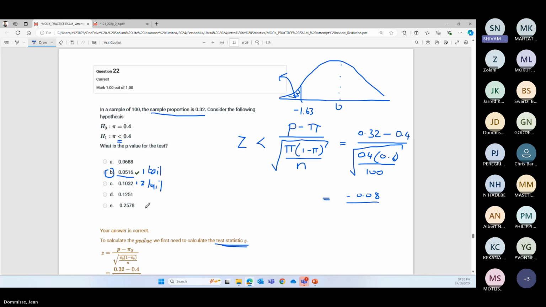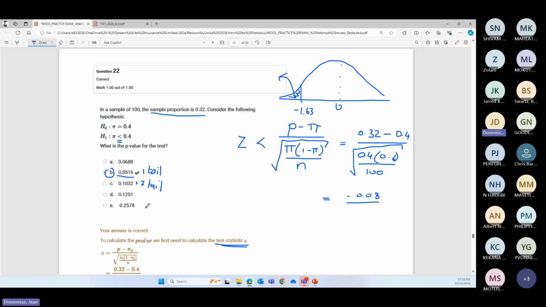I would like to clarify regarding the one tail and two tail, right? So the answer that we get from the Z statistic, we go to our Z table, which is on page 120 to 121, right? And then the answer that we get is the 0,0516 because we had minus 1,63 after the formula, right? So the one tail and two tail, is it the one tail is the value that we have on the table, and the two tail is when you multiply by 2.